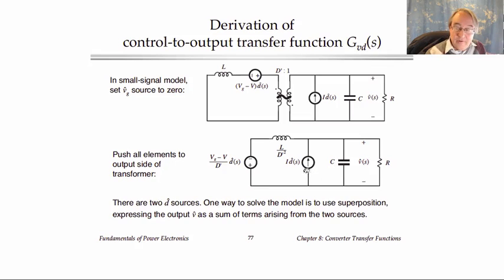Well, we still have two d hat sources, so we have quite a bit of work still to solve for the output voltage. Here we can view v hat as actually being a superposition of terms coming from the two sources. Even though the two sources are both d hat sources, we can still write v hat is equal to one transfer function times the first source plus a second transfer function times the second source.